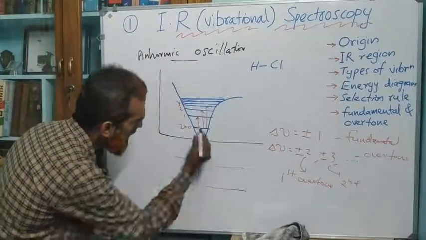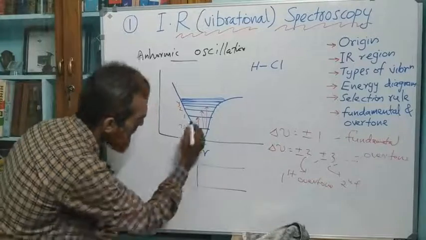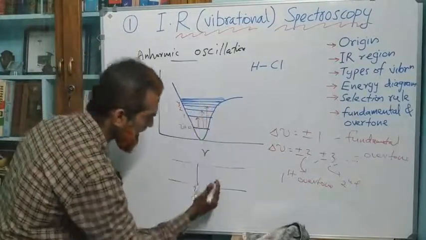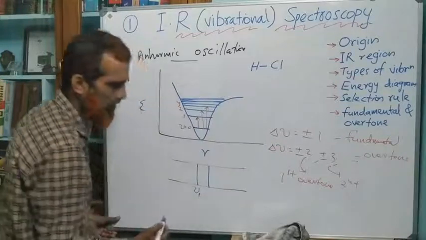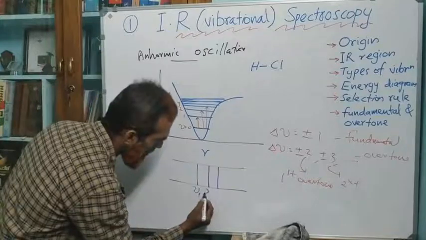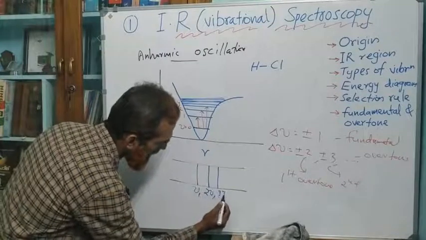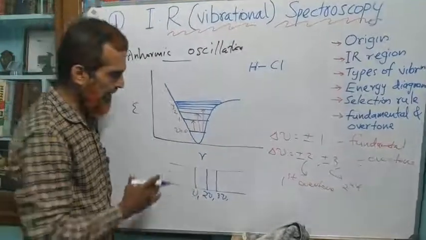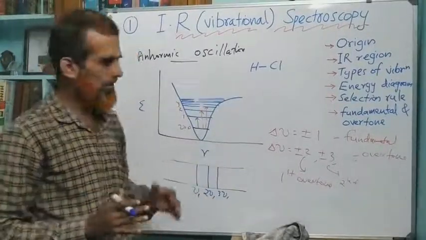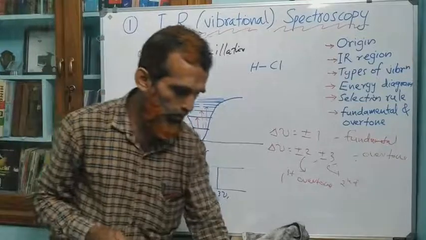Suppose this corresponds to the fundamental transition. Suppose it is nu 1. Then roughly this is double. You get first overtone, then you get second overtone, like that. Roughly it will be 2 nu 1, then 3 nu 1, roughly, not exactly. So like this you get more peaks. So that is the case of anharmonic oscillations.